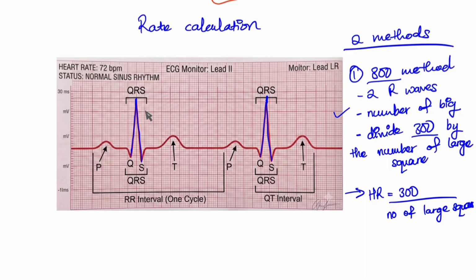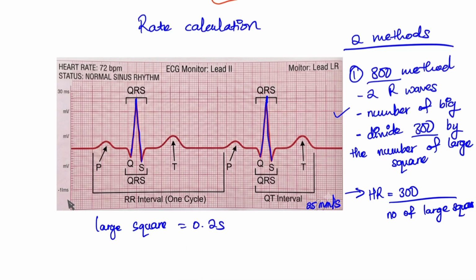The ECG paper moves at a standard speed of 25 millimeters per second. You will find in any ECG strip towards the corners, this writing, that's the scaling. Each large square, as we said in the previous video, measures 0.2 seconds.